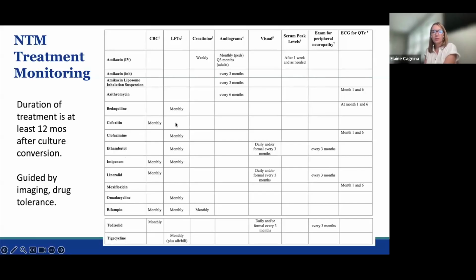So again, monthly labs when you're on IV amikacin, weekly labs, audiograms, visual checks, following levels, peripheral neuropathy, following EKGs, getting LFTs, very intensive, lots of blood draws, lots of clinic visits, lots of time spent in care of these infections. And then the duration of treatment, again, is at least 12 months. So you're doing this for at least 12 months after culture conversion, guided by imaging and drug tolerance.